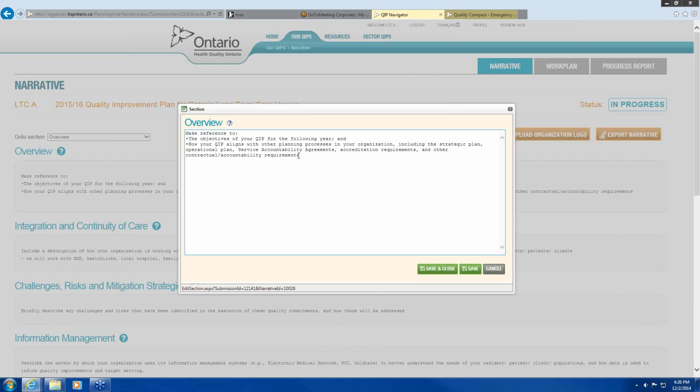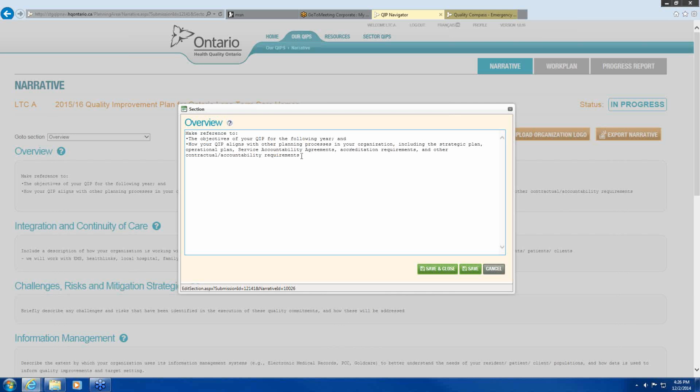So for example, the overview covers alignment with your other planning, strategic plan, operational plan, service agreements, and accreditation. So we're looking for crisp, clear information about this. We don't need a huge document.